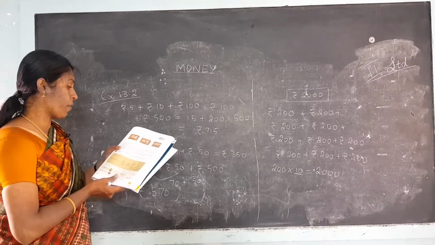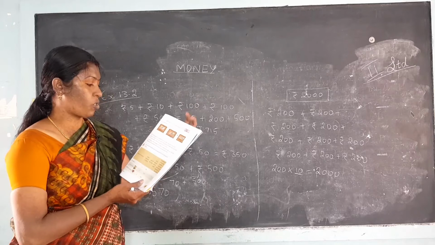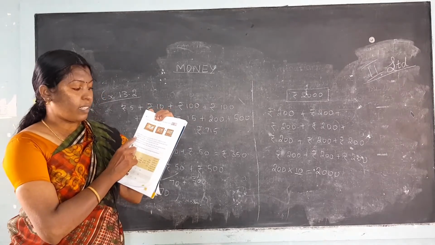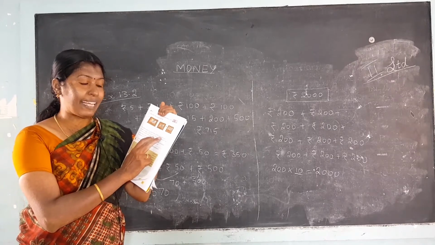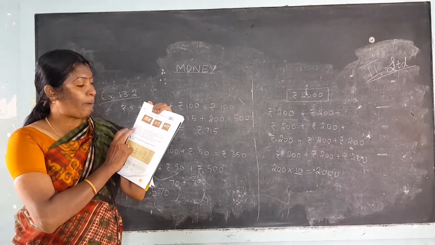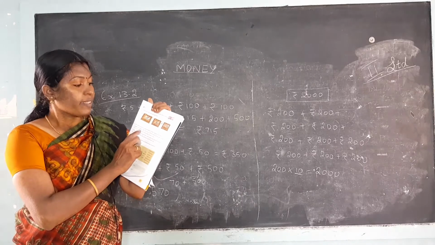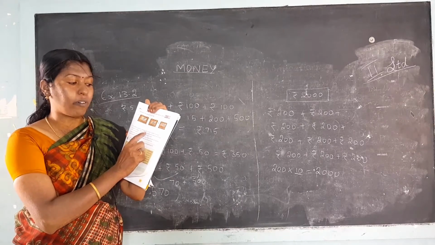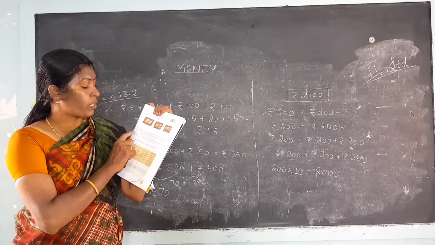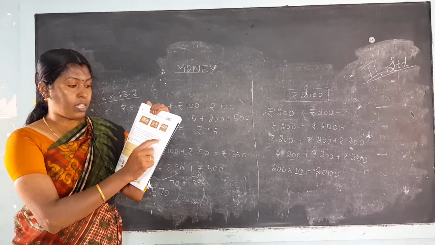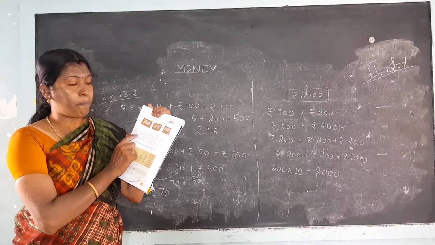Next you read the third question. Mr. Mehta goes to a grocery shop. He buys 3 packets of rice and 2 packets of sugar. The cost of rice is rupees 45 per packet. Per means 1. And the cost of sugar is rupees 35 per packet.